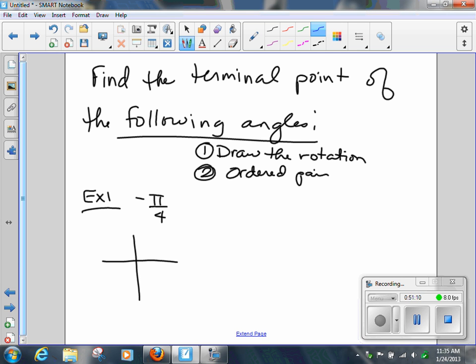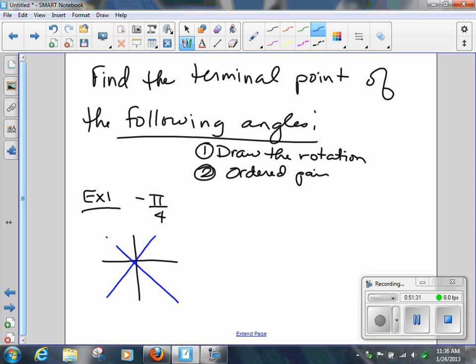Colored pencils are back there too. Folks, for pi over 4 angles, draw the perfect x. Okay? You will understand about the perfect x, because tomorrow we're going to talk about a skinny and a fat x, which will just be helpful to you when we draw these angles.